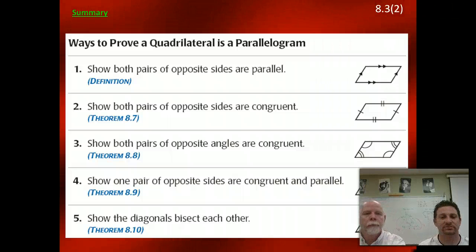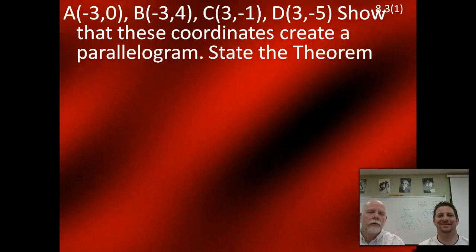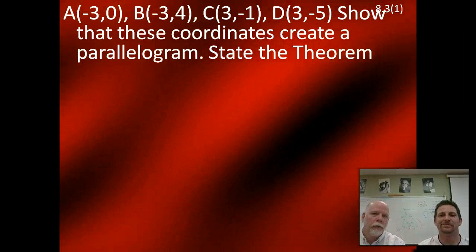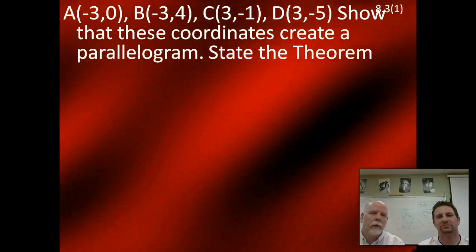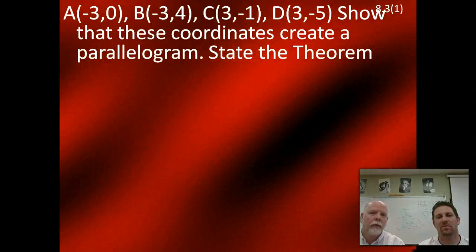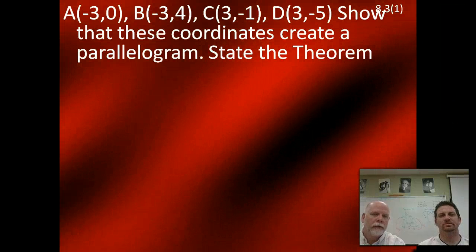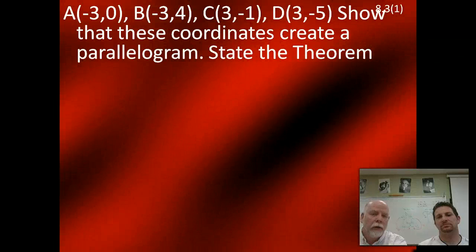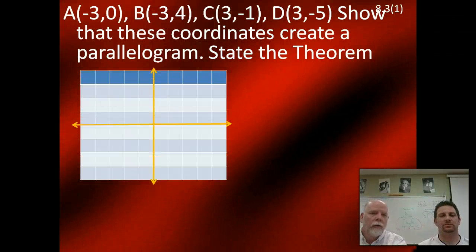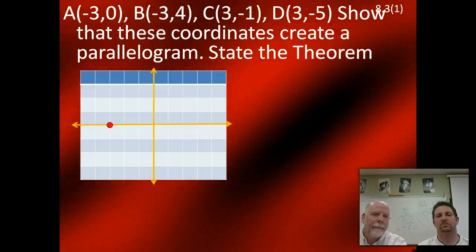Okay, so what if we go to the coordinate plane? What if we graph one of these shapes? And so we have our 4 points, A, B, C, and D. It says to show that these coordinates create a parallelogram and state the theorem that shows that. And so if we graph those points, there's A at -3, 0.